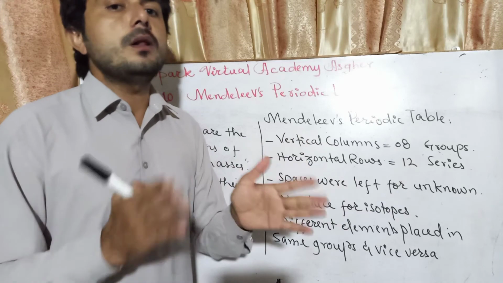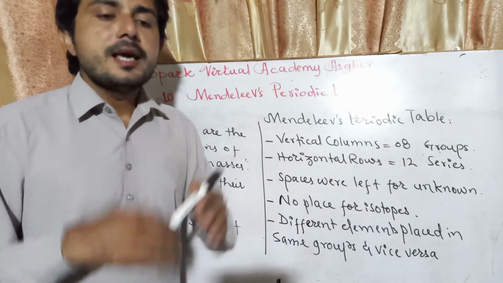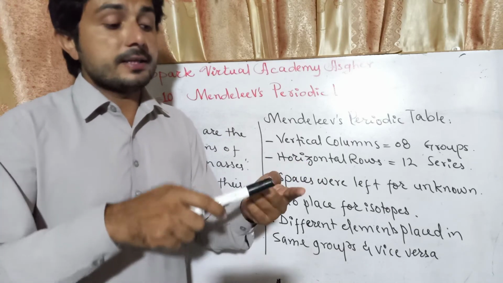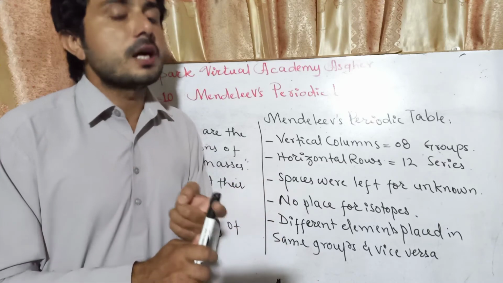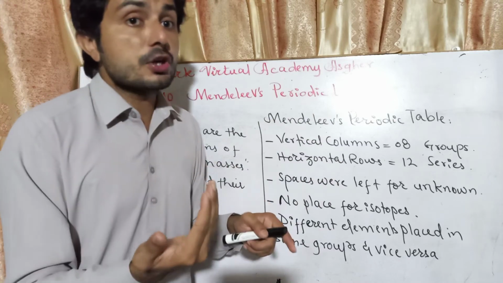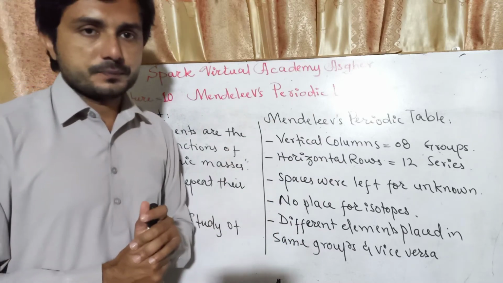He arranged all the elements into this periodic table. He left some spaces for unknown elements. For example, if an element with mass 56 was unknown, he left a space there for it. So the prediction of elements was made possible by Mendeleev.